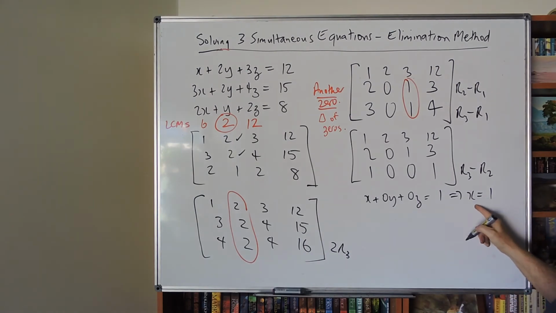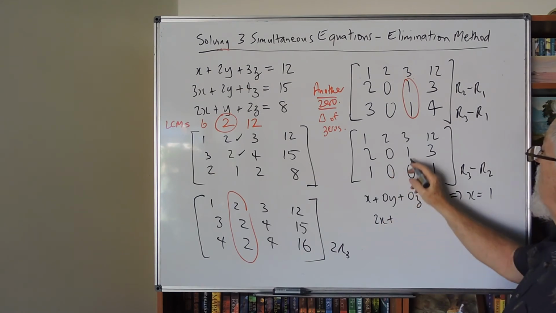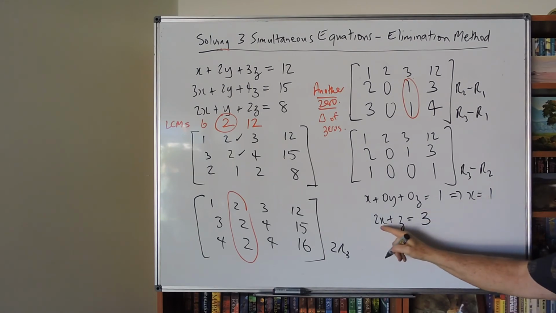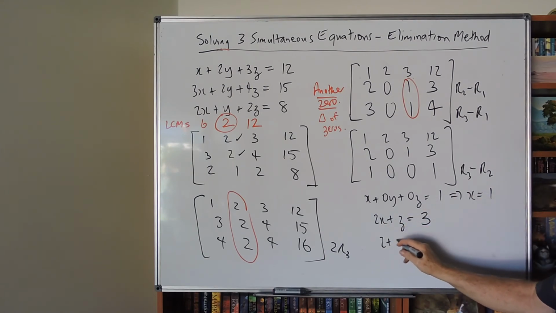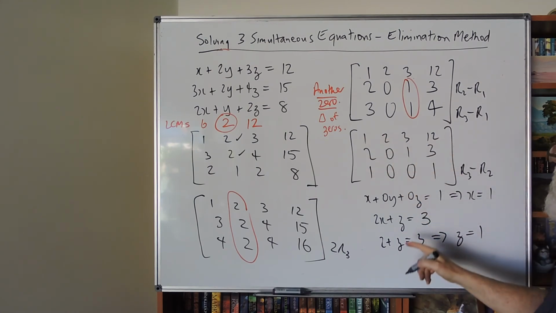So what do I do once I've got x equals 1? I've got 2x plus no y plus z equals 3. So I replace the x with the 1, and I've got 2 plus z equals 3, which gives me z equals 1. Now I can do the last bit, go back to the original equation.